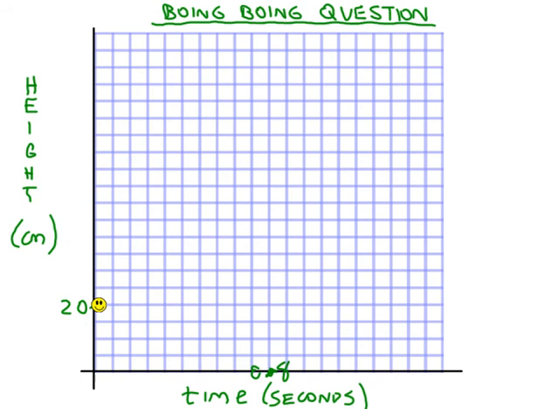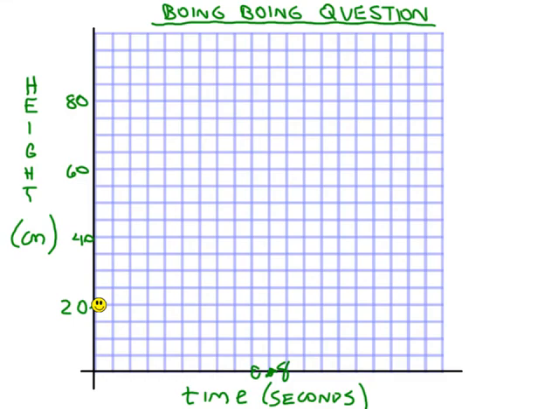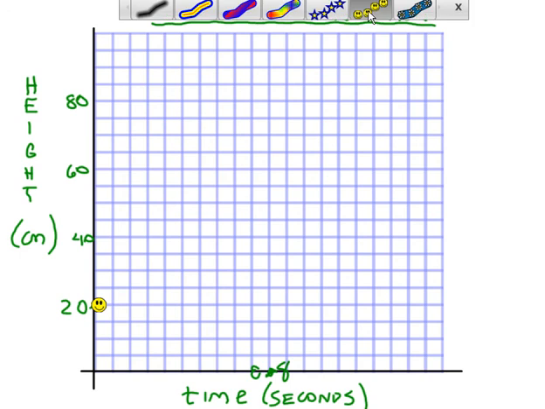And I'm going to count up by 5 along the y-axis. So it's 25, 30, 35, 40 centimeters, 45, 50, 55, 60, 65, 70, 75, 80. And as we said before, it takes 8/10 of a second to reach a maximum height of 80 centimeters. So at 8/10 of a second, we can plot a maximum height here at 80.